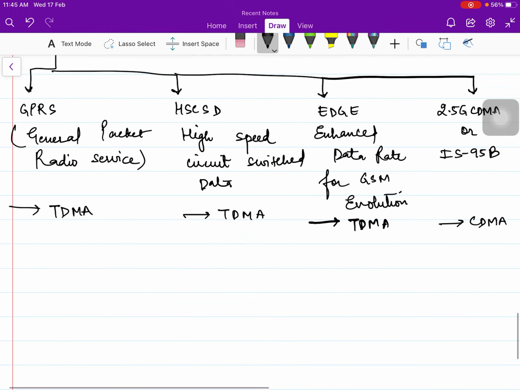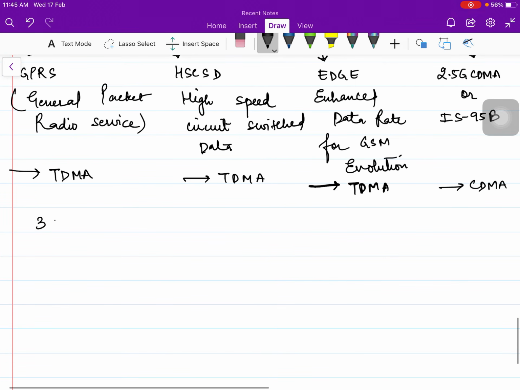Now comes the last one, third generation. As user demands are increasing day by day, now they want live music also, interactive web sessions were also required, and conferences with multiple users were also required. So the demands were increasing, but we have very limited band and very limited frequency to transmit all these signals.